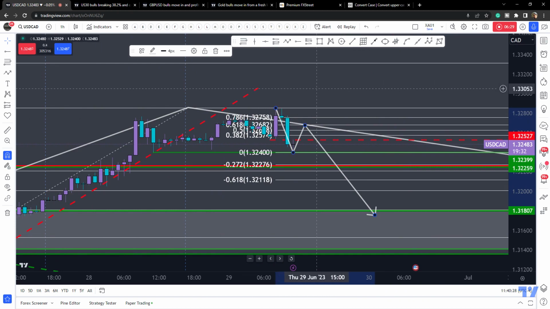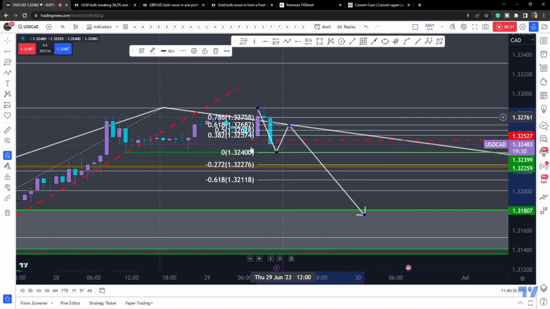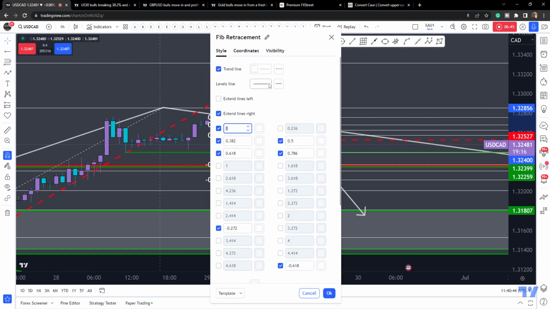So that's worth monitoring. Let's move this Fibonacci scale to the right so we can see what's going on.